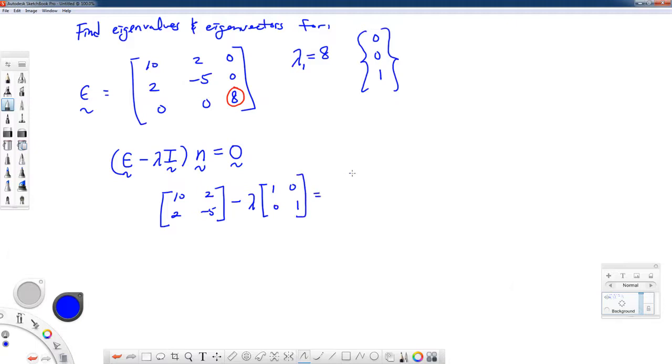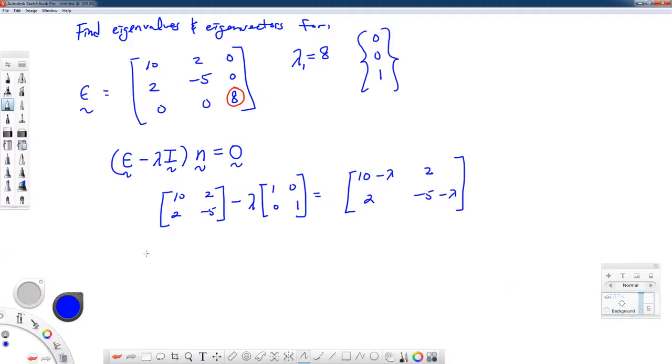So we have this new matrix: 10 minus lambda, 2, 2, minus 5 minus lambda. Now we can develop what's called the characteristic equation by taking the determinant of this matrix. If this has to be the 0 tensor, of course the determinant of the 0 tensor has got to be 0.